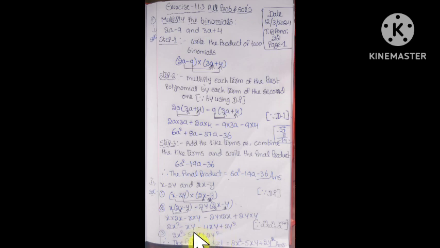So minus xy minus 4xy is minus 5xy, plus 2y square. Therefore, the final product equals 2x square minus 5xy plus 2y square. This is the final product of these two terms. We get this answer. This second problem's solution is over.